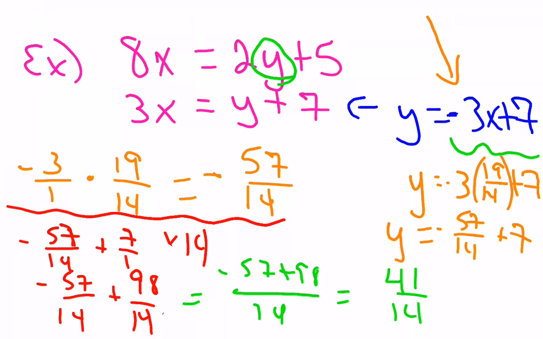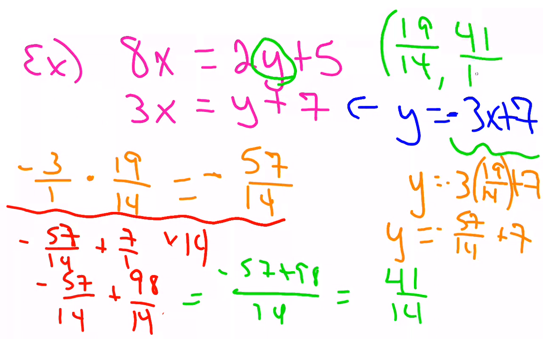And it looks like, well, 41's a prime number. So what is our actual solution to this system? And that is a point. So it's at the point 19/14, because that was our x, and 41/14.